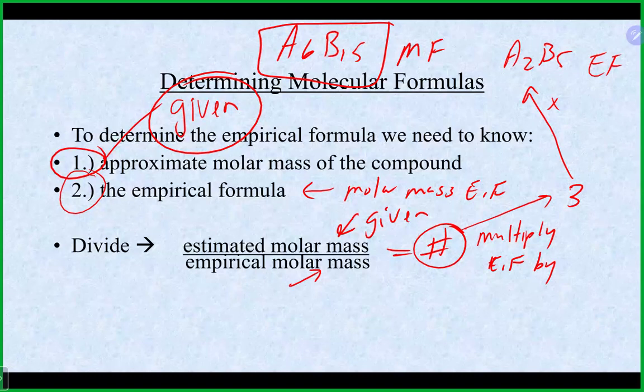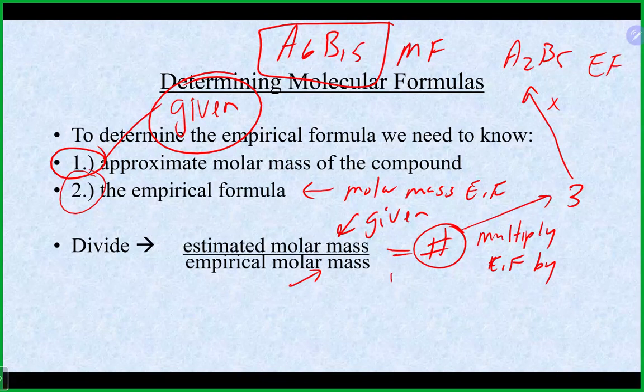We talked about rounding with empirical formulas, and how you could only round if it's really, really close. When you're doing this division to figure out the number to multiply the empirical formula by, you can be a little more free with the rounding, and you may not always get a nice, pretty number.